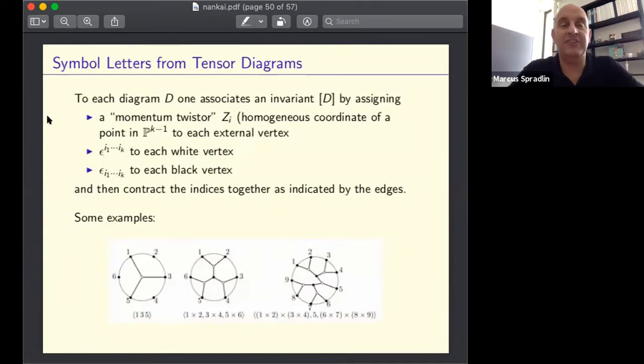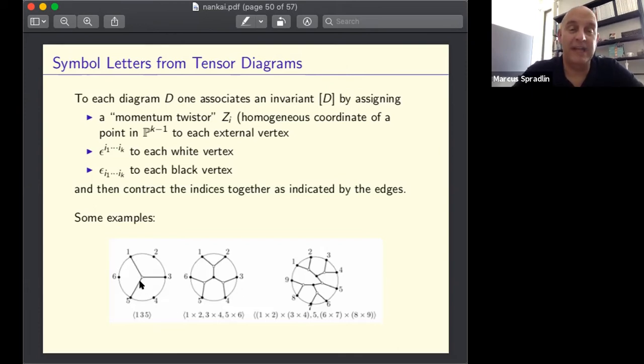And now to each tensor diagram, you can associate an invariant in the following way. First of all, to each of these external points, 1, 2, 3, 4, 5, 6 in this example, you associate a momentum twistor, a homogeneous coordinate of a point in P^(k-1).